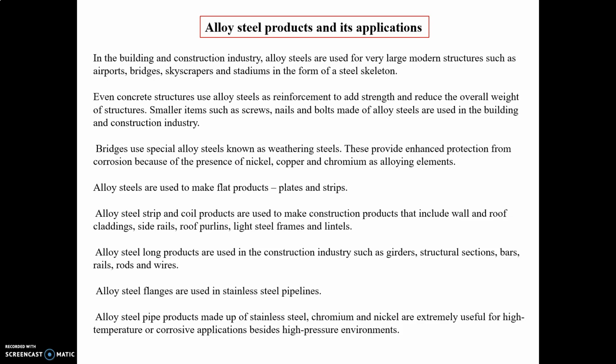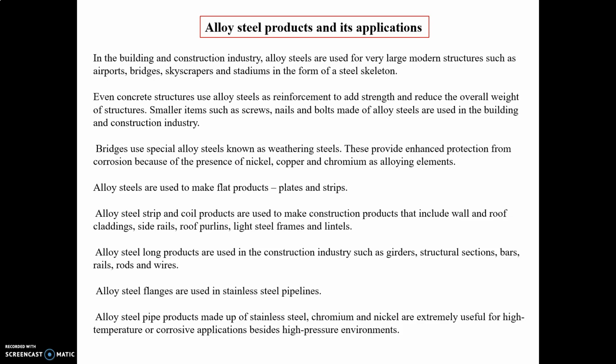There are hundreds of products that can be manufactured with alloy steels. These include alloy steel pipe tubes, alloy steel plates, wires, steel forged fittings, alloy steel bullets, and they are used in various industries such as automobiles, mining, machinery, equipment, all those things.